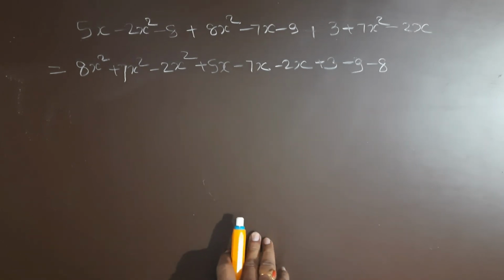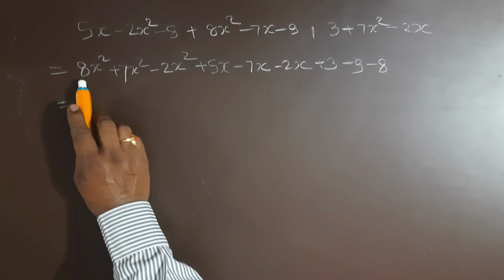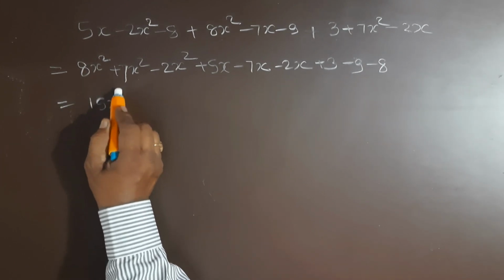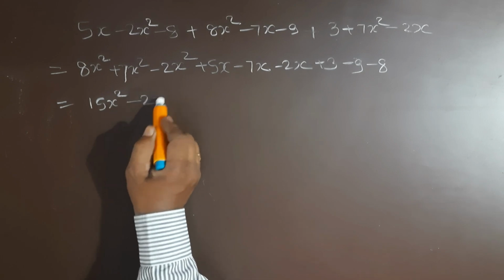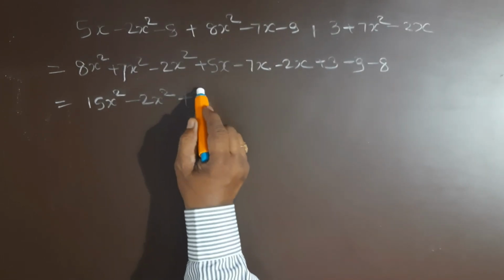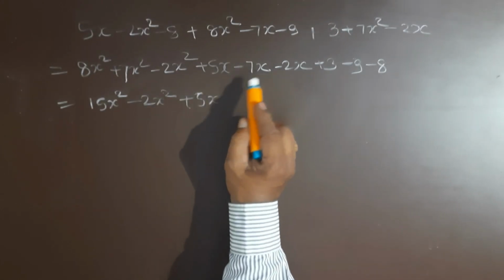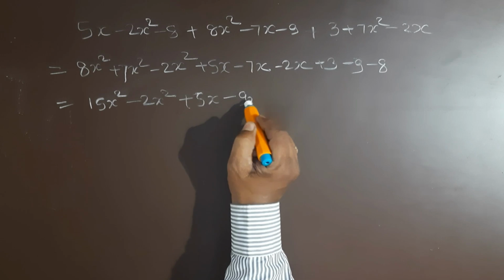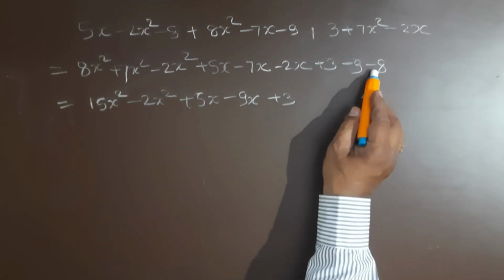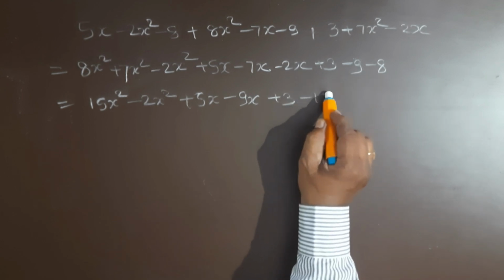Okay, so what will we do? 8 plus 7 is 15x square minus 2x square, plus 5x minus 7x minus 2x, and plus 3, and if we add these two, because minus minus becomes plus, so minus 17.